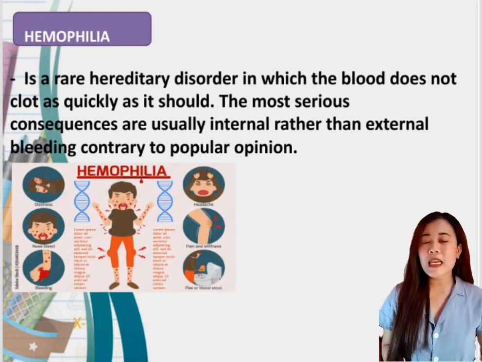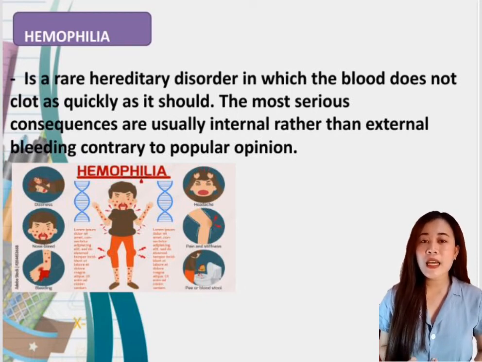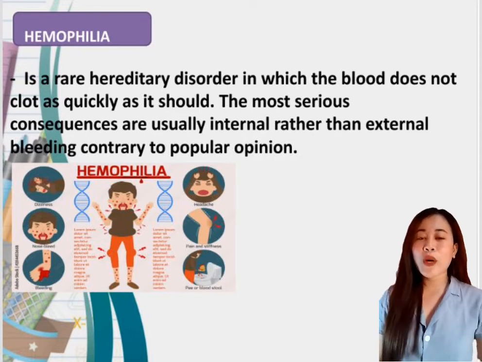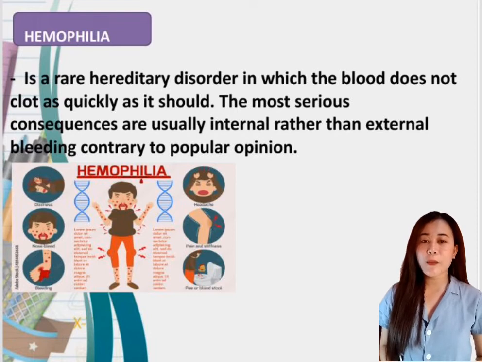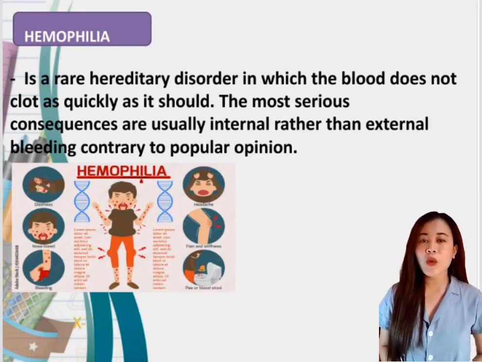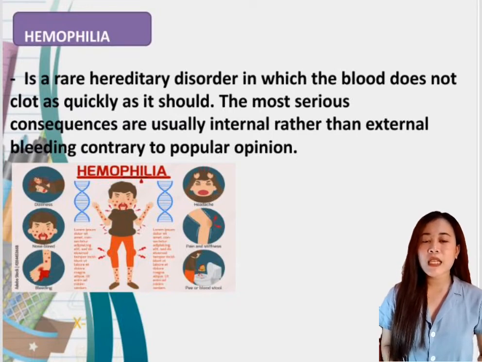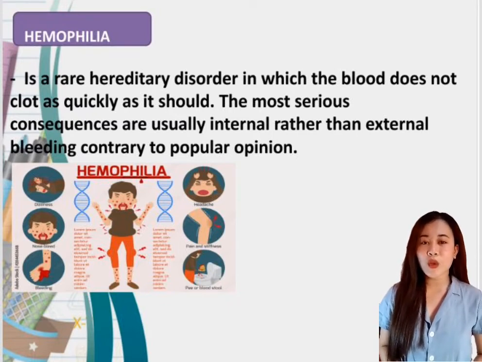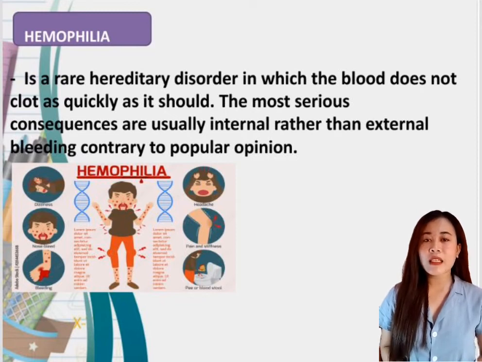When we say the blood does not clot properly, it means the blood does not clot well, and this can lead to spontaneous bleeding. Hemophilia is caused by a mutation or change in one of the genes. Hemophilia can result in bleeding within joints that can lead to chronic joint disease and pain.